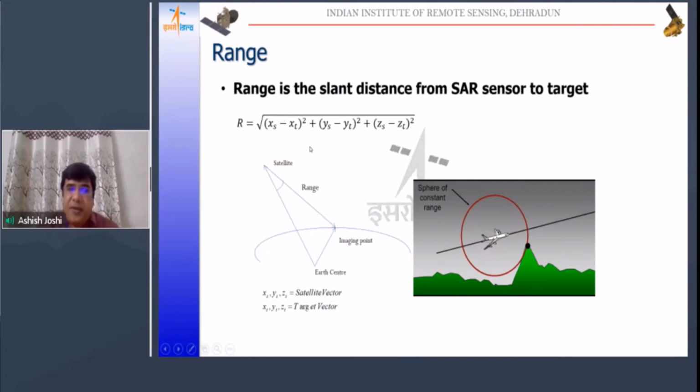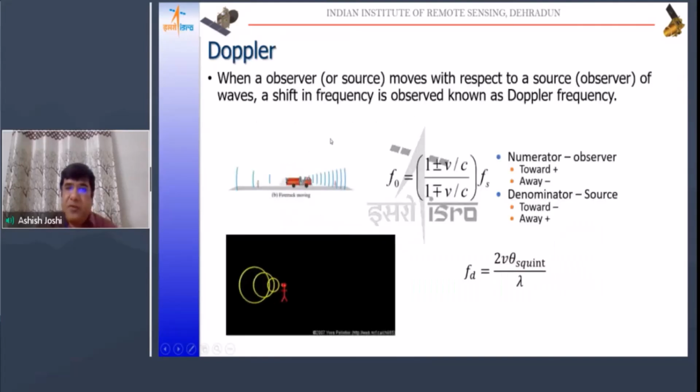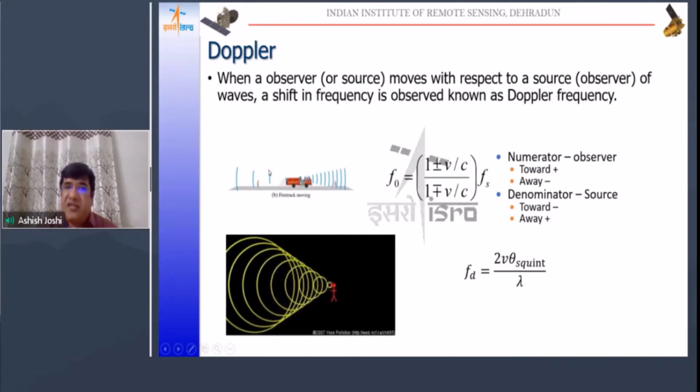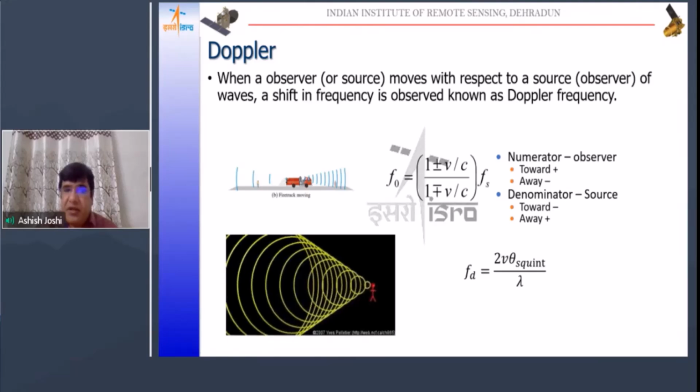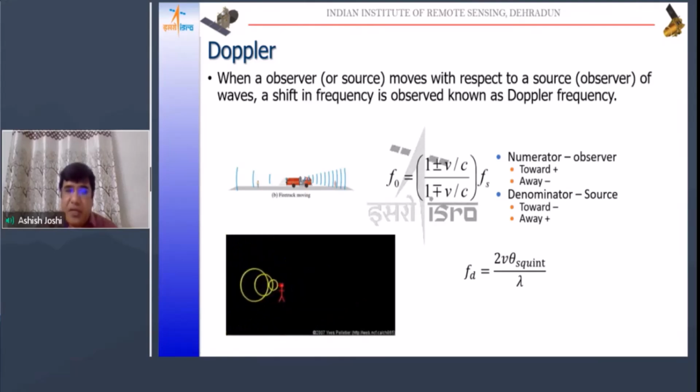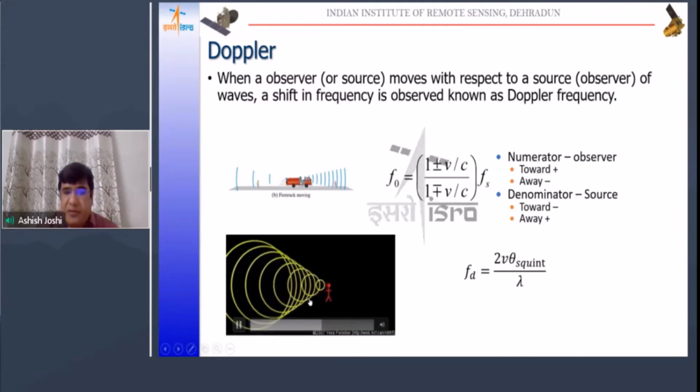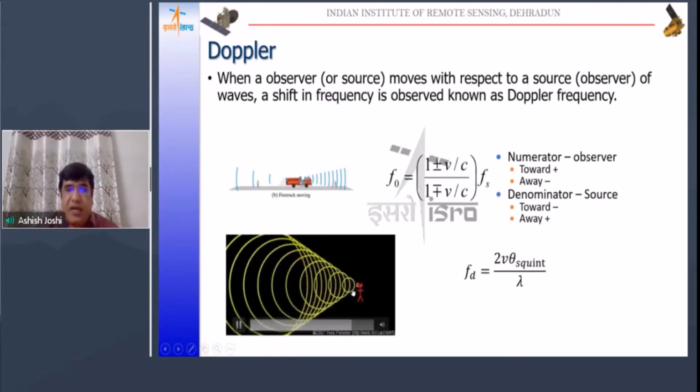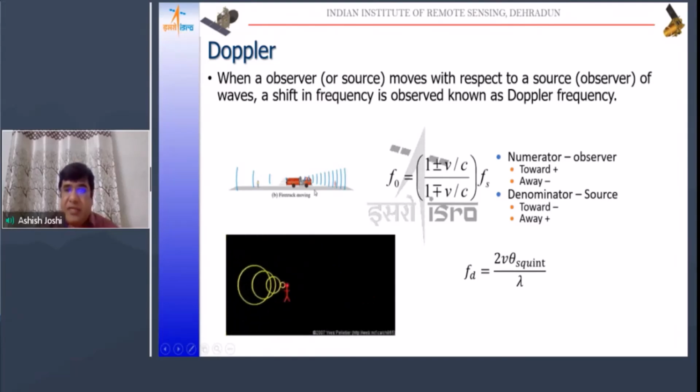Second is the Doppler. What is Doppler? When an observer or the source moves with respect to the source or observer of waves, a shift in frequency is observed. This is called the Doppler. In this video, we can see how the Doppler cone is forming. So this is the Doppler equation.